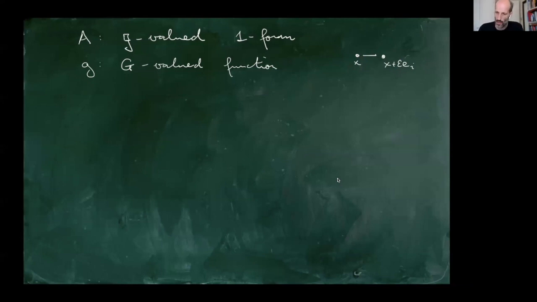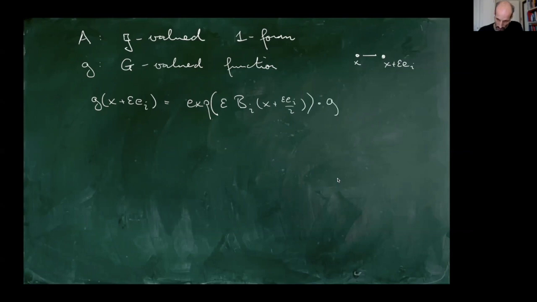And so in particular, I can write g of x plus epsilon e_i in the form exponential of epsilon B_i, say, of x plus epsilon e_i over 2, times g of x.